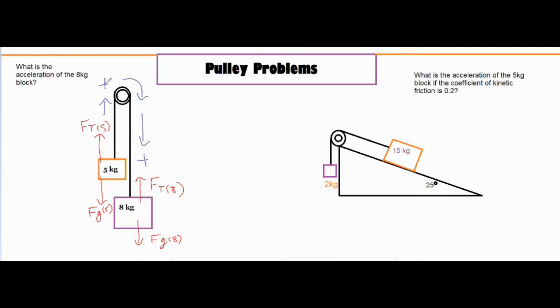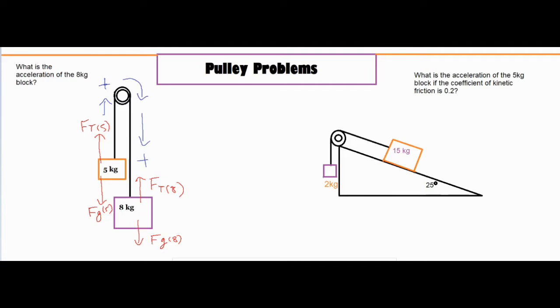Okay, so that's not really typical of a lot of other problems where up is positive and down is negative. So everywhere along this direction of the pulley, I'm going to consider positive, and anything opposite that direction, I'm going to consider negative.